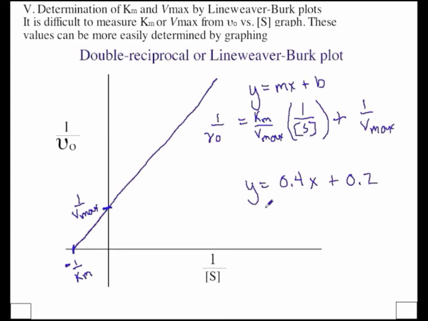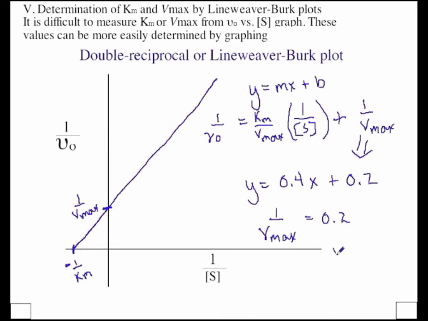One way that you could do it is just simply by using what you know from this equation. So you could just say, oh, I see that 1 over Vmax equals 0.2. And then basically just taking the reciprocal of that, right?